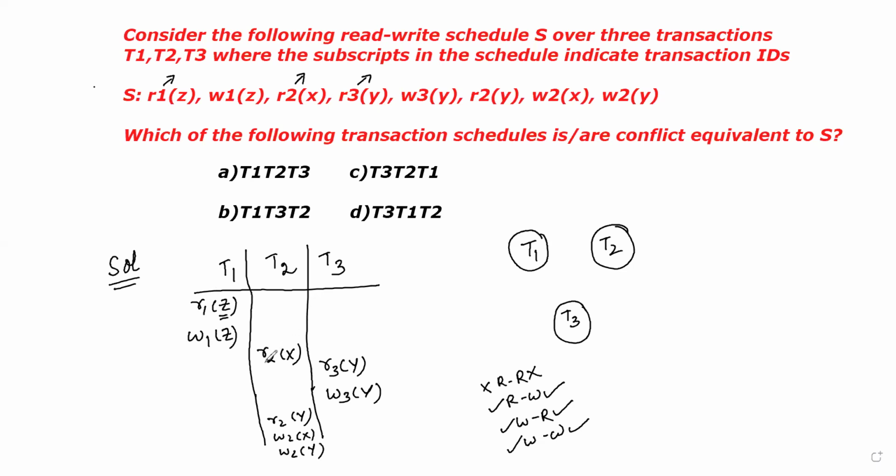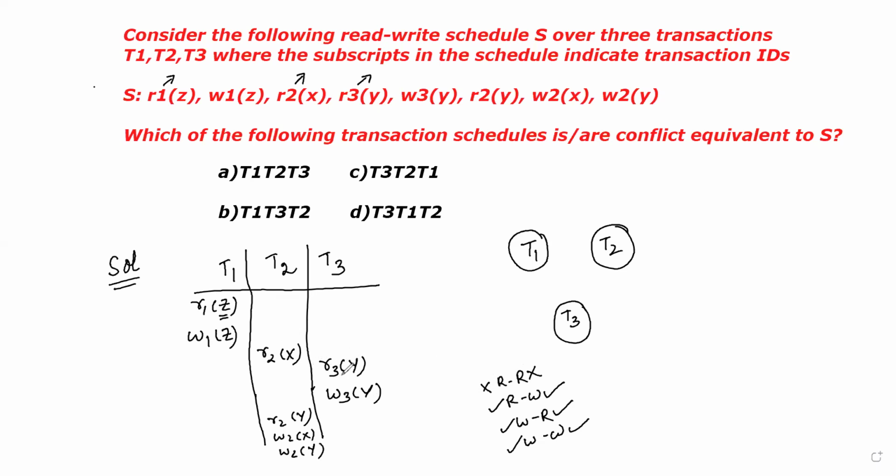Now you see R2 of X. In the next transaction, there is no X value. Next, T3: R3 of Y. In T2, R2 of Y is there. Read-read is no conflict, so we ignore this one.